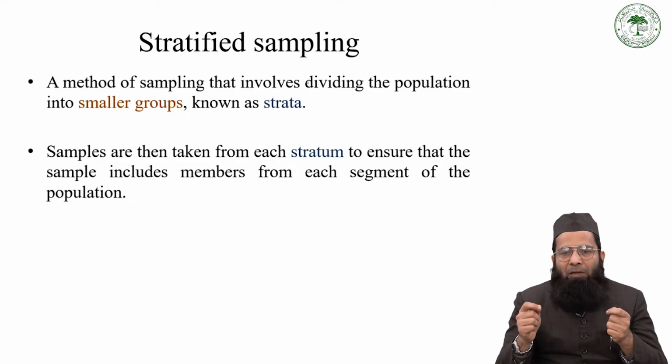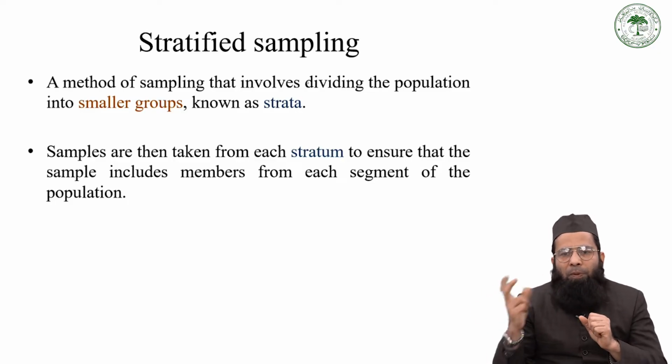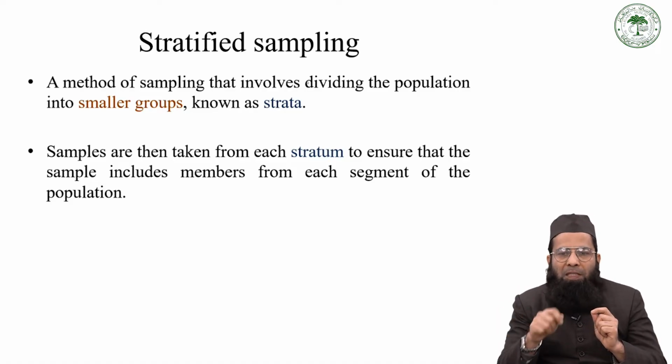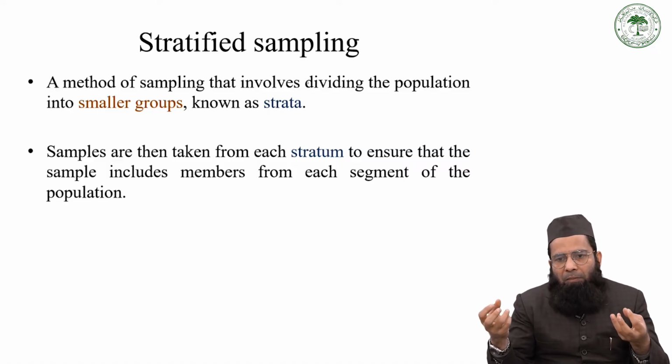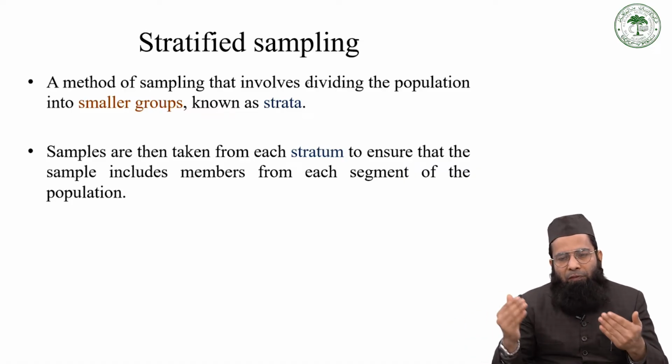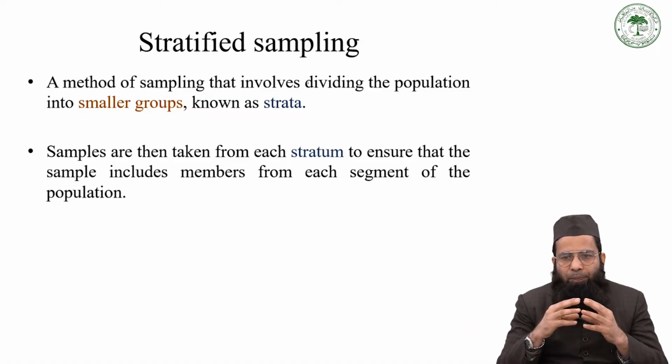Samples are then taken from each stratum, each group, to ensure that the sample includes members from each segment of the population, right? So the target is to select individual members from each segment of the population, from each stratum.